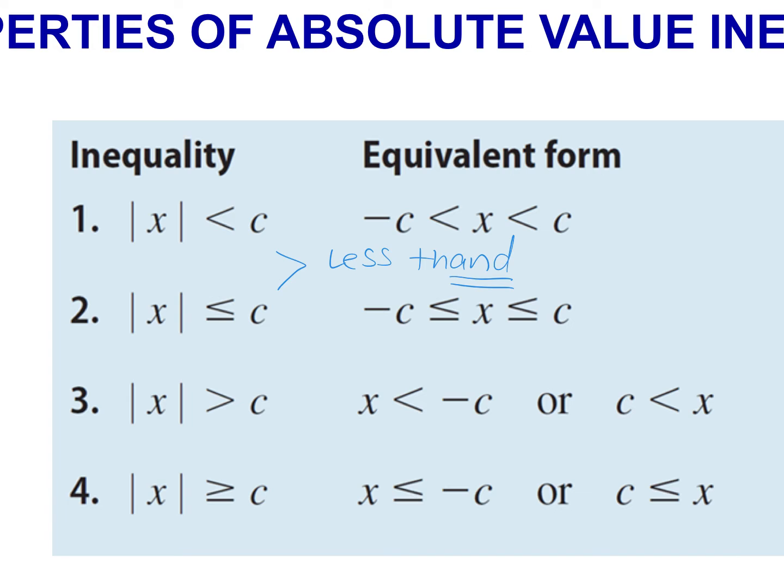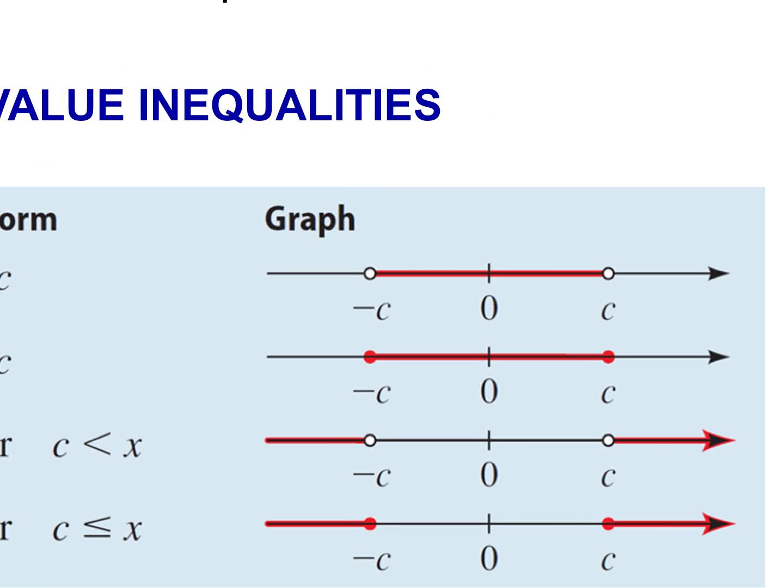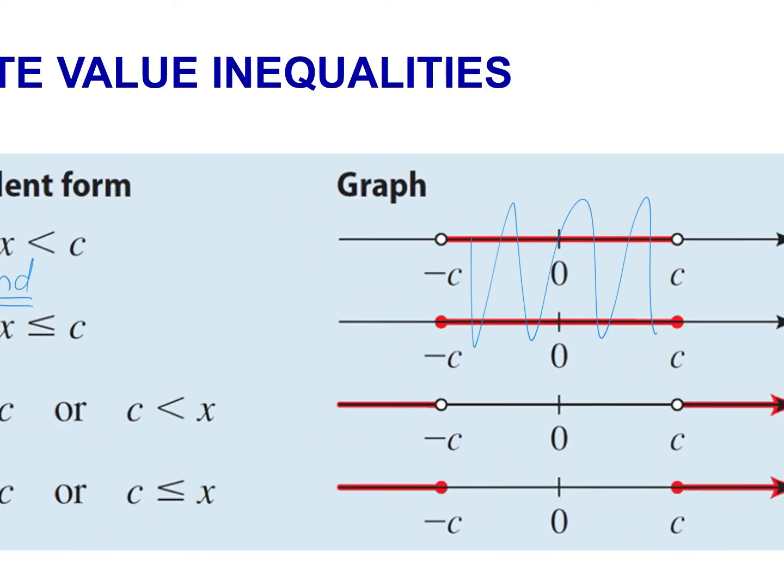If you have just a less than sign, you're going to have an open circle, and your notation is going to be a parenthesis. If you have an or equal to, your circle is going to be closed, and we use brackets. But and means we shade in between the 2 points that we found.